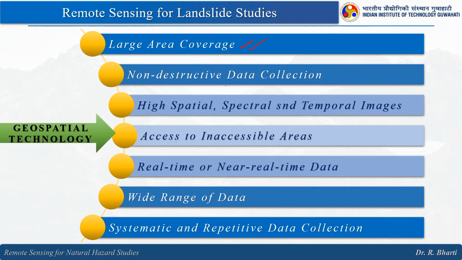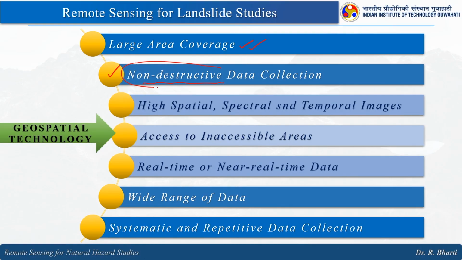Next is non-destructive data collection. Non-destructive means we are not disturbing the sample, we are not changing the form of the sample. If you go for XRD, XRF, ICP, or any other conventional geochemical analysis or geotechnical investigation, we are disturbing the natural form of the sample.